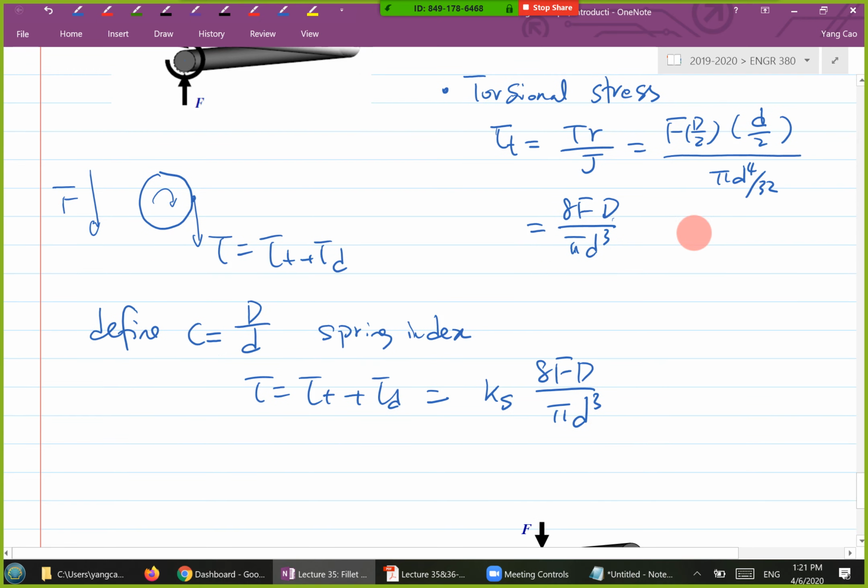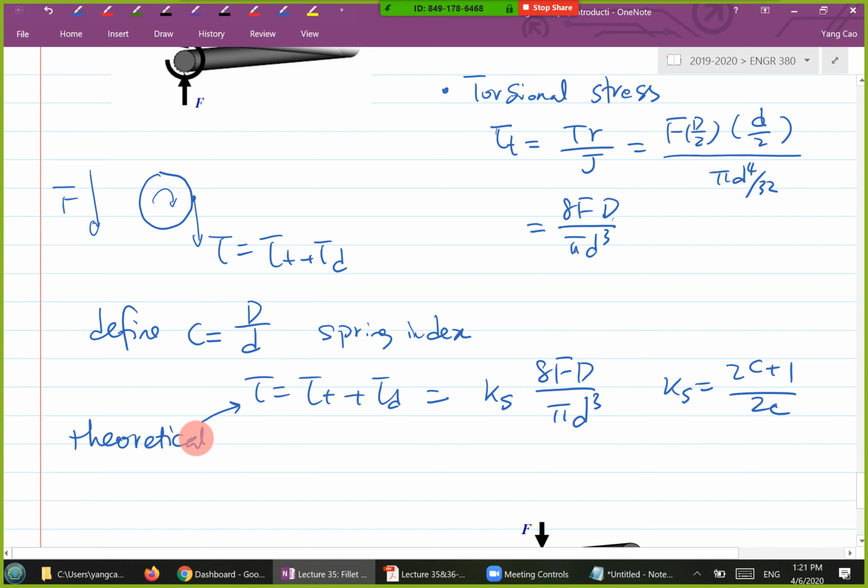And Ks here is 2C plus 1 over 2C. So this is basically the theoretical calculation.